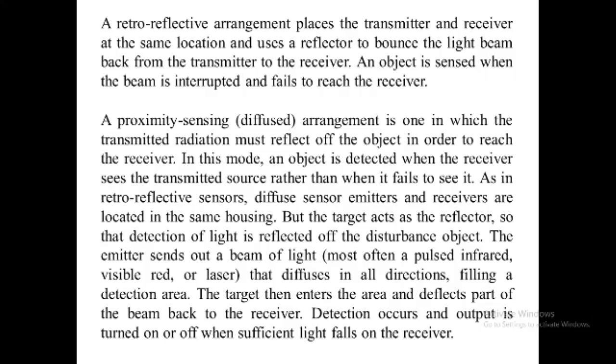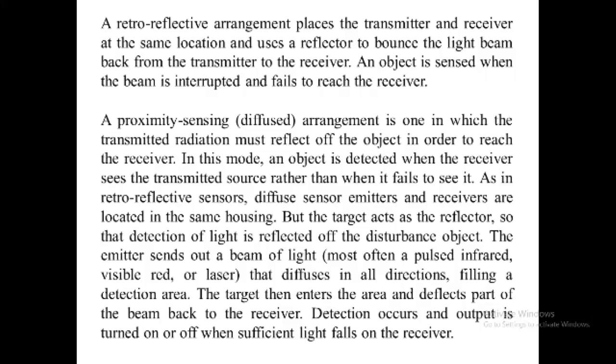In this mode, an object is detected when the receiver sees the transmitted source, rather than when it fails to see it. As in the retroreflective sensor, emitters and receivers are located in the same housing, but the target acts as a reflector.